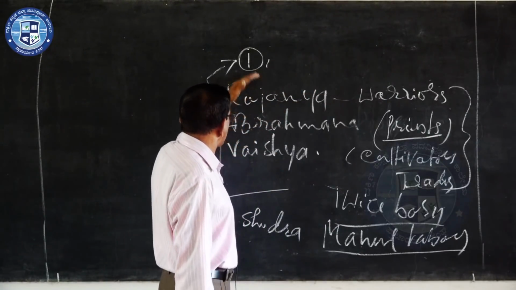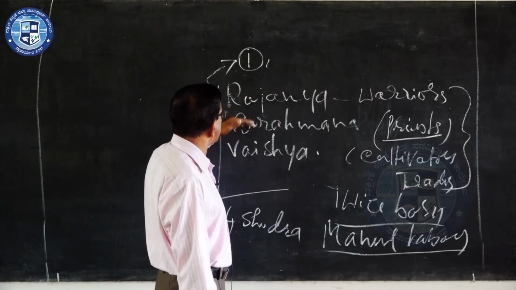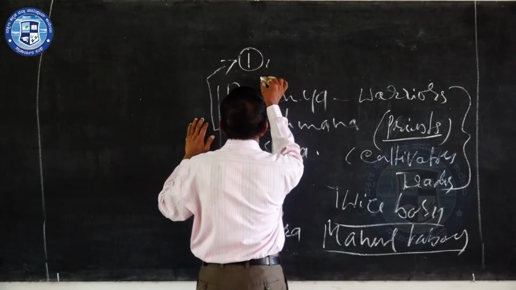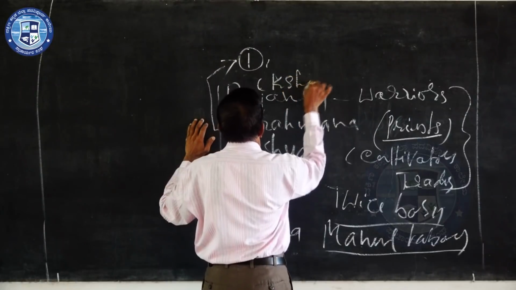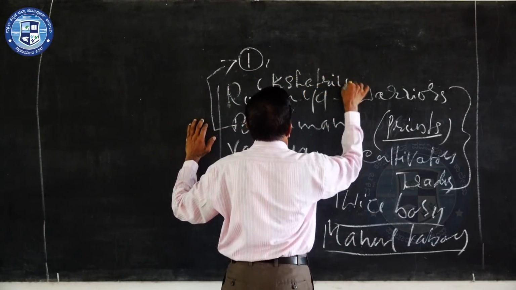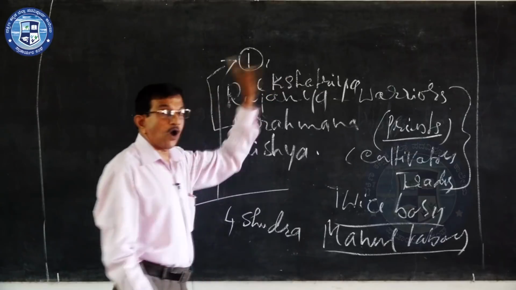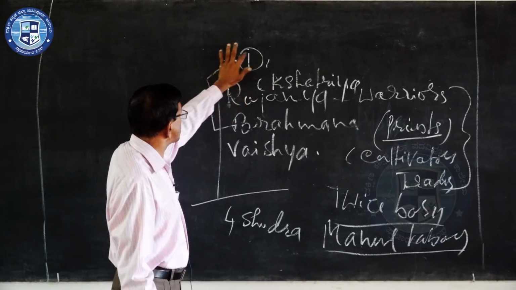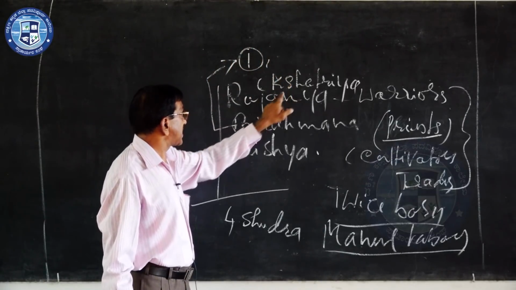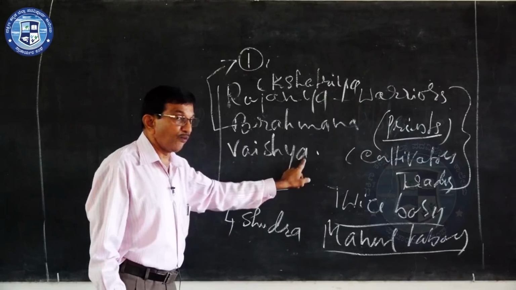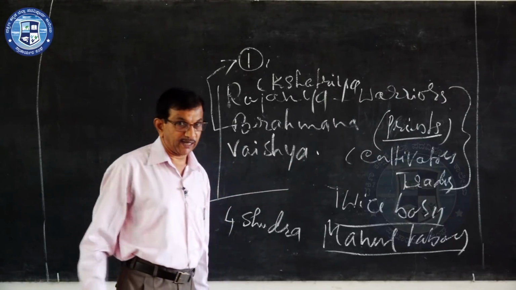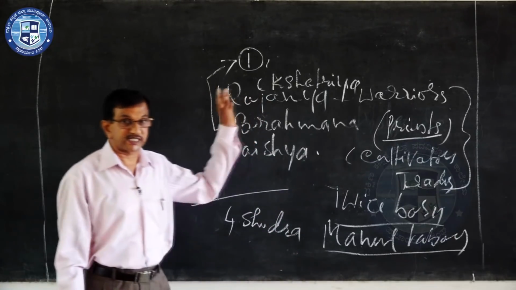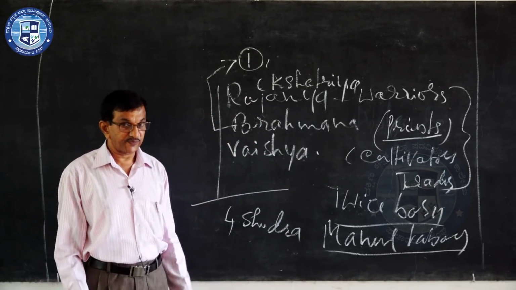So, under the Varna scheme, Brahmana occupied the first place, then Rajanya, which itself is called Kshatriya. Later, they are called Kshatriya. Rajanya or Kshatriya, so another name for this is Kshatriya. So, the first one Brahmana, second one Rajanya or Kshatriya, third one Vaishya, and fourth one Shudra. Like this, the Chaturvarna system existed.